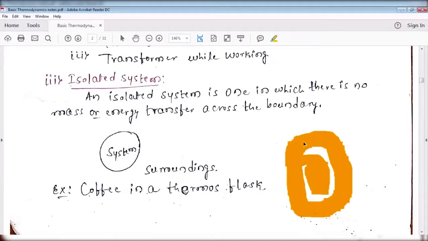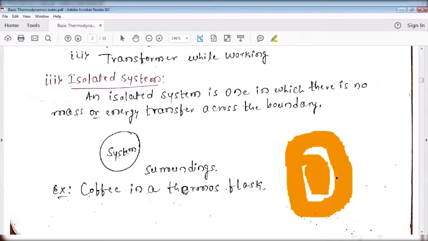Assume that the hot coffee temperature is around 90 degrees Celsius. Atmospheric temperature, assume that it is 28 to 30 degrees Celsius.